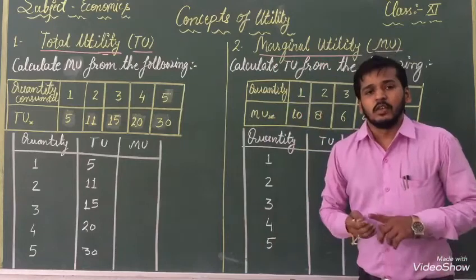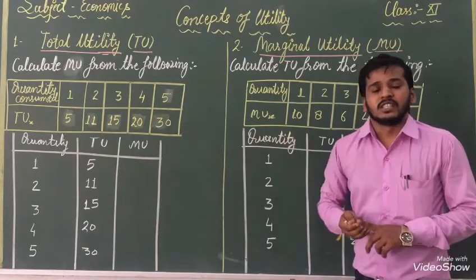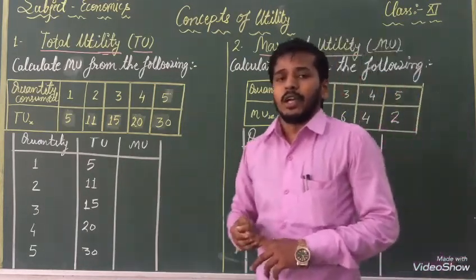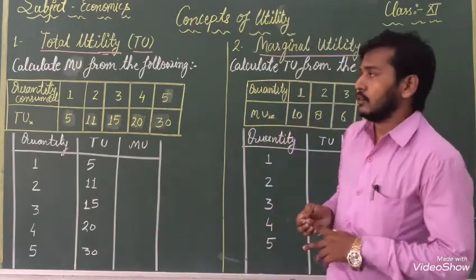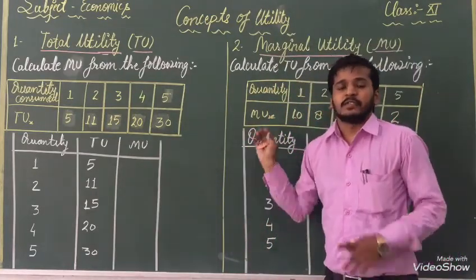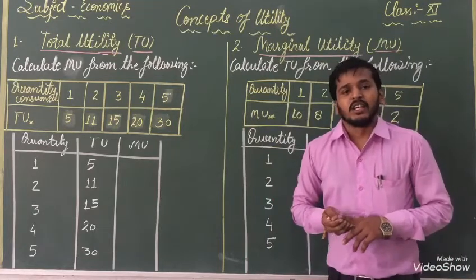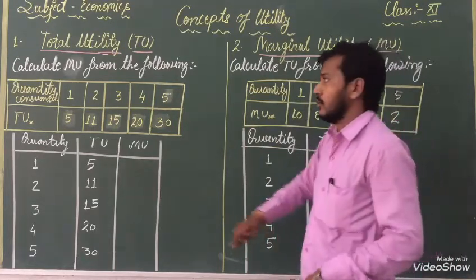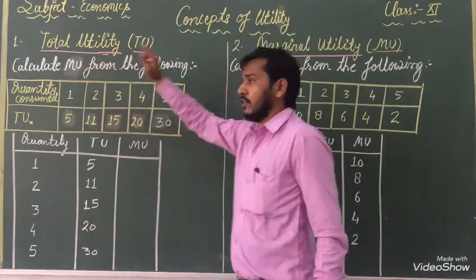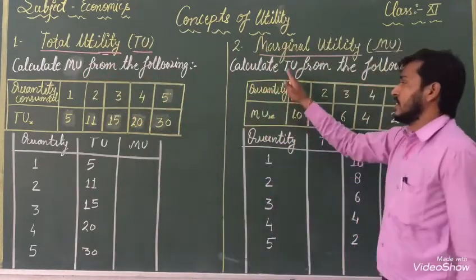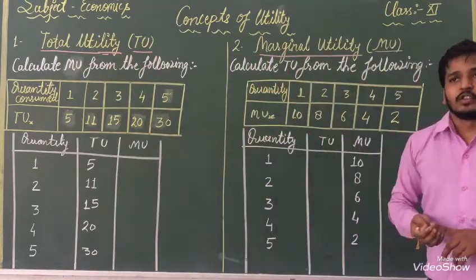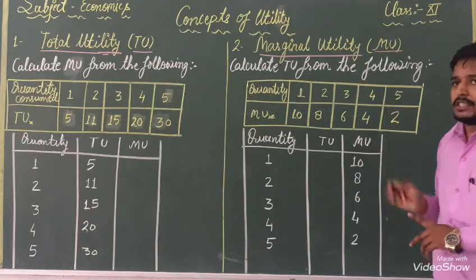Now the time has come to know the difference between total utility and marginal utility. With the help of one example, I will explain how both are different from each other, and how we can calculate MU and TU if there is a question in front of us.